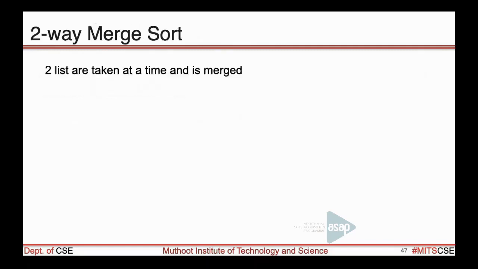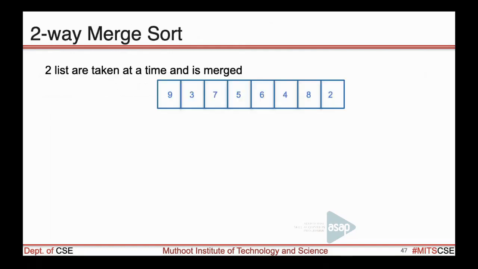In 2-way merge sort, as we said, 2 lists are taken at a time and merged. So consider we have 9, 3, 7, 5, 6, 4, 8, 2 as a list. We take 2 lists, that is 9 and 3, and they are merged and arranged. Again 7 and 5 are taken and sorted. 6 and 4 are sorted to 4 and 6, 8 and 2 sorted as 2 and 8.